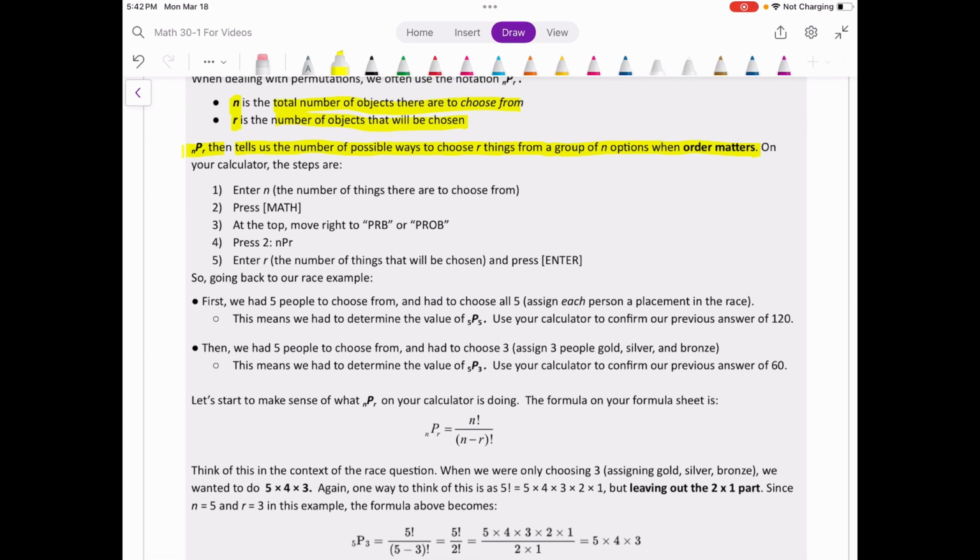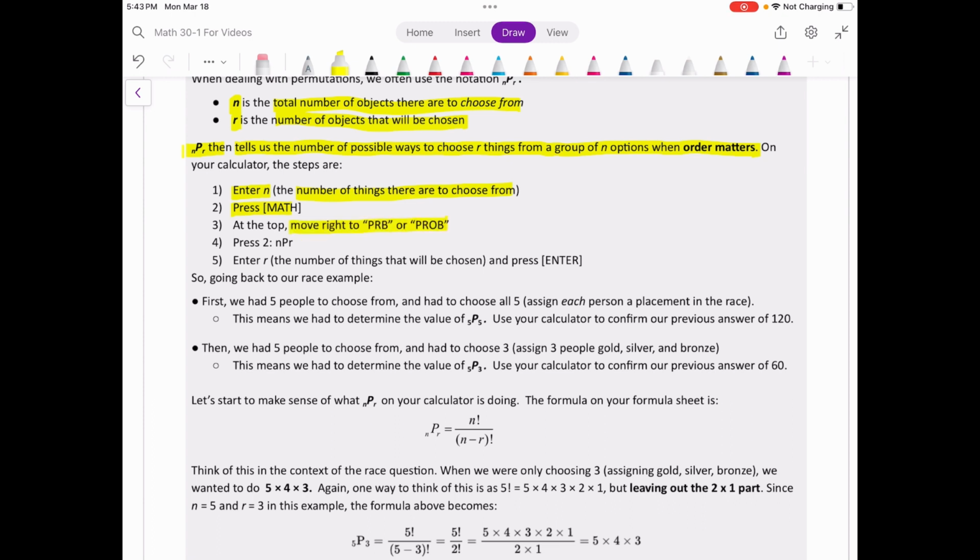So what we're going to do is first enter n. That's the number of things there are to choose from. You have to do that first. On some of the newer calculators, it's okay if you don't do this first. You can go back and enter it later. I know on my calculator, it's a TI-83, I have to enter the n first. So if I want to do 5 pick 3, the first thing I actually have to press is 5. Then you're going to press math. And at the top, you're going to move right to PRB or PROB.